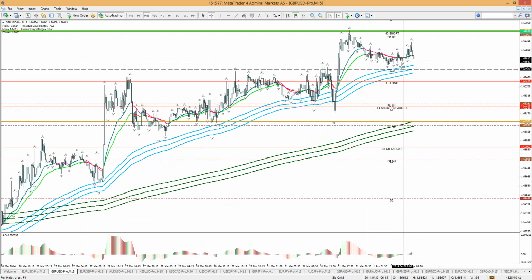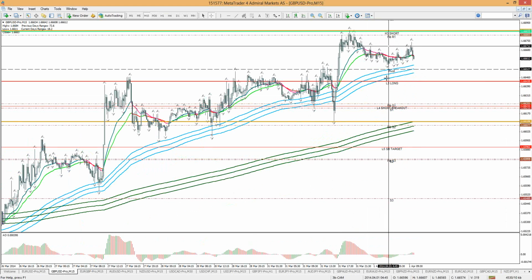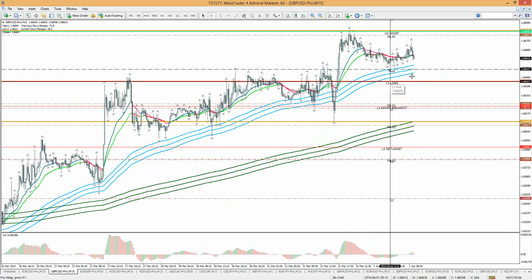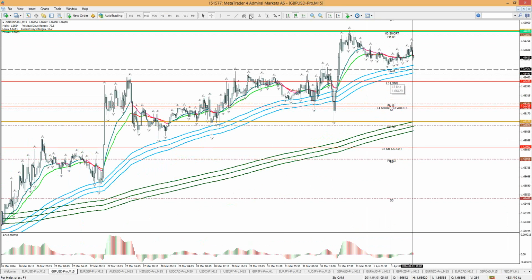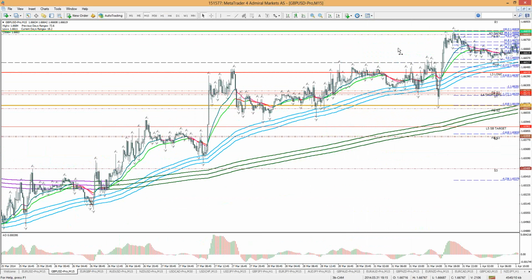Actually, that's what it's doing right now. Anywhere between 166.52 and 42 could be definitely a support level. 618 bounce here off of this fib.